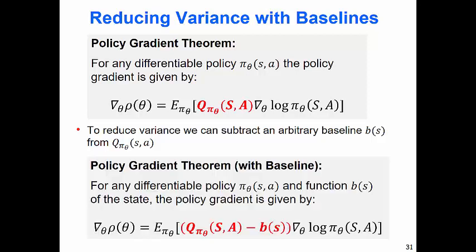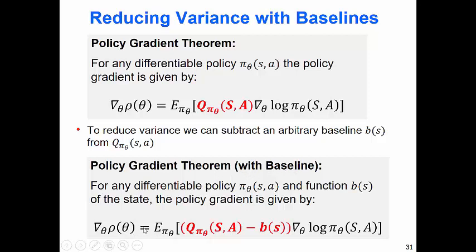The baseline function can be any function at all that only depends on the state, right? So you can certainly add a baseline function that's a bad one that will make you do worse, but we're going to try to add ones that make us do better. So this is the policy gradient theorem with a baseline.